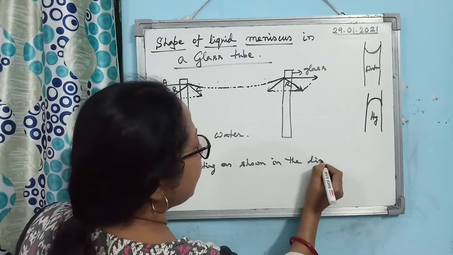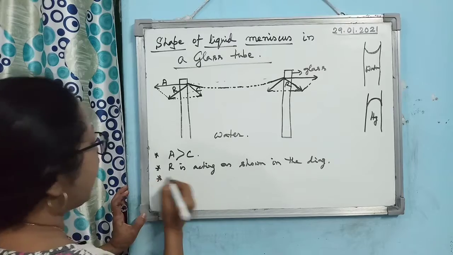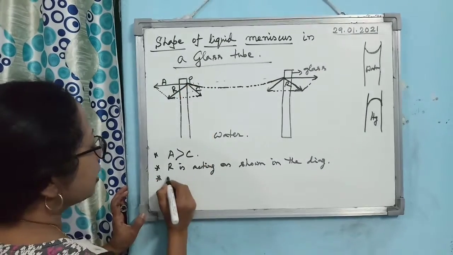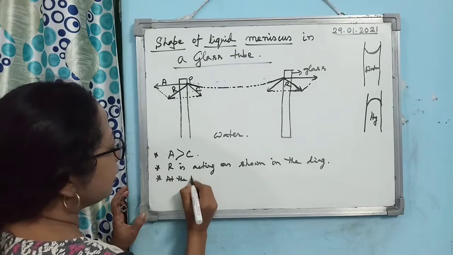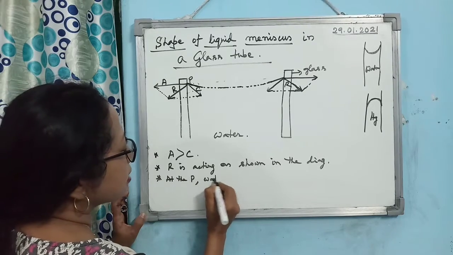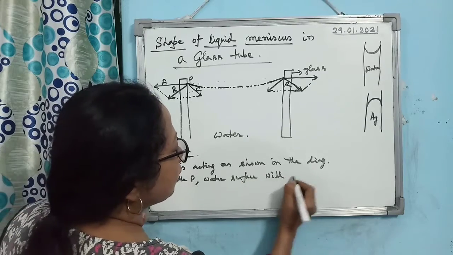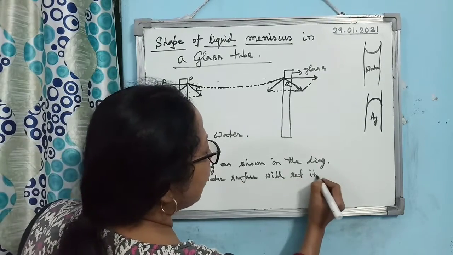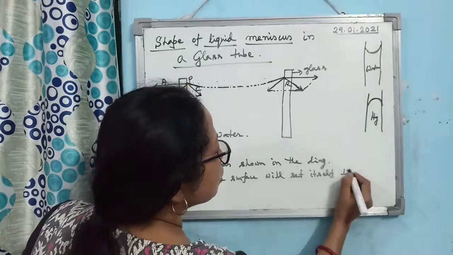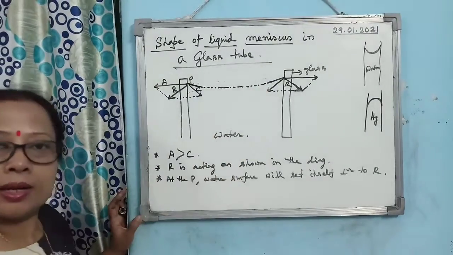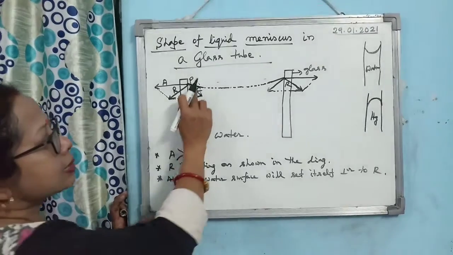Alright, and then you will write that at the surface point, suppose this is the point P, the water surface will set itself perpendicular to R. So perpendicular to R, it is setting as a result.